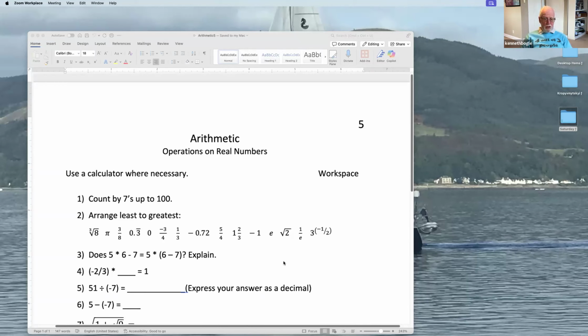So those numbers, -3/4 could be read as minus 3/4, -1 could be read as minus 1, but mathematically that's not correct. You should be referring to any number that's less than 0 as negative. And the only time you should use the word minus is if you're actually doing a subtraction problem.